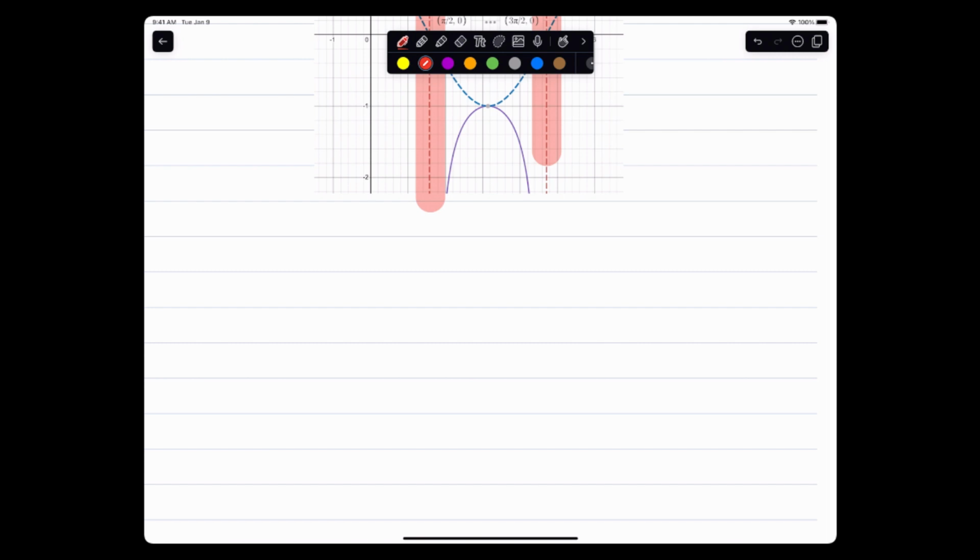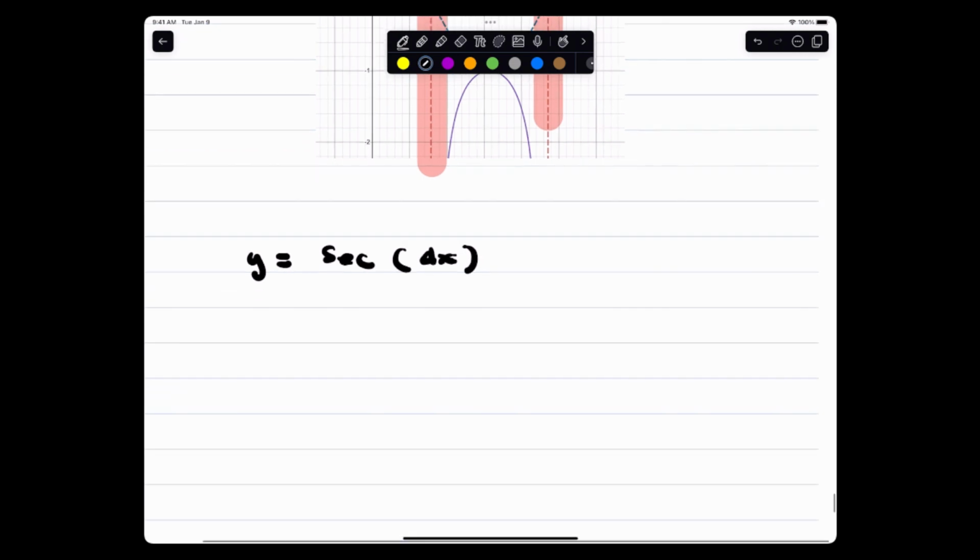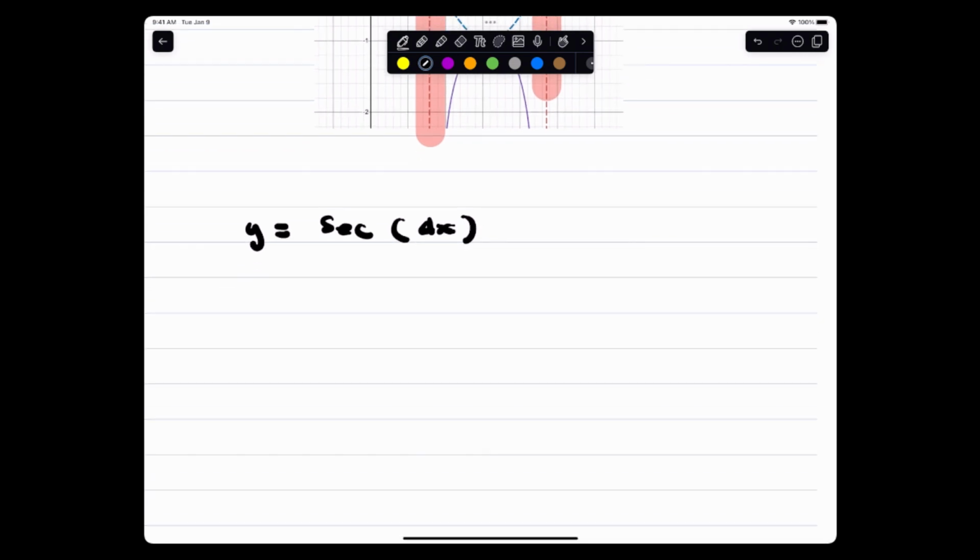What if they said here, they want you to sketch the curve of secant of what? 4x. And in fact, we'll put a constant in front, 3 secant 4x. Okay, so you're going to go through all the process again. Here's A, here's K.